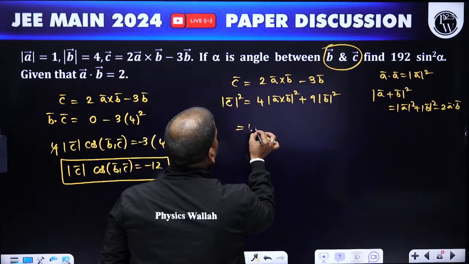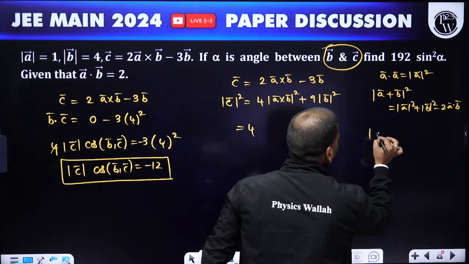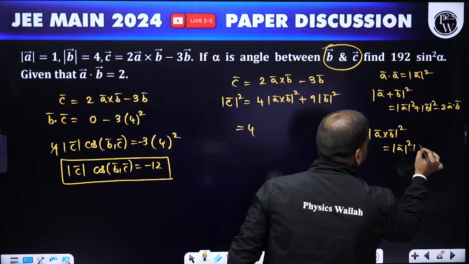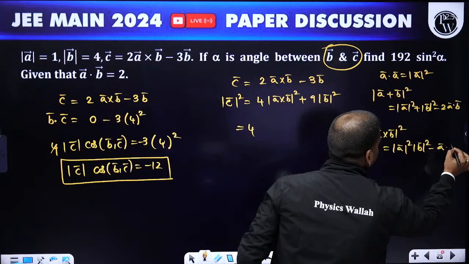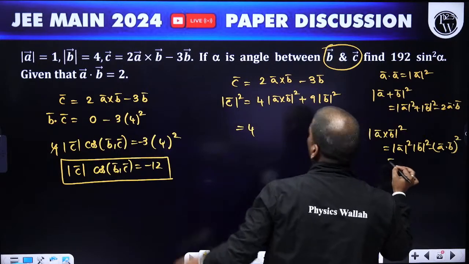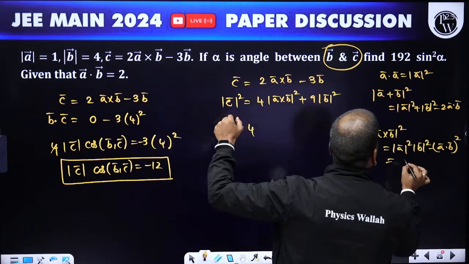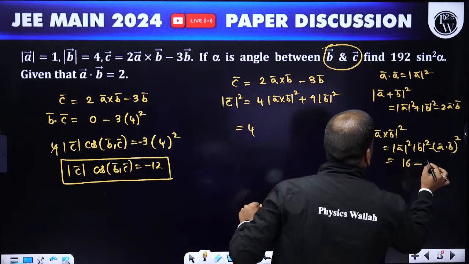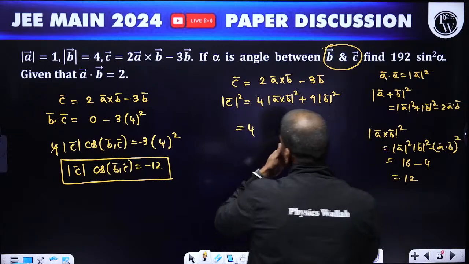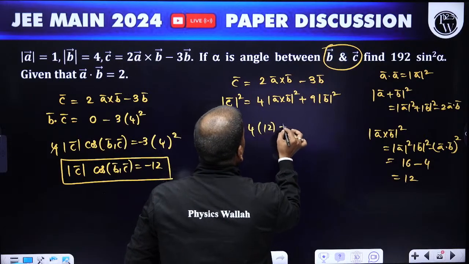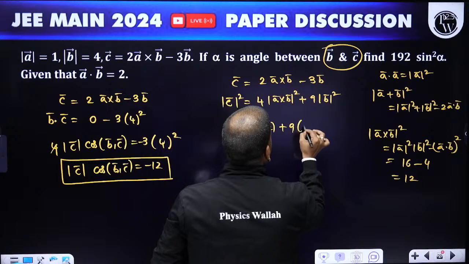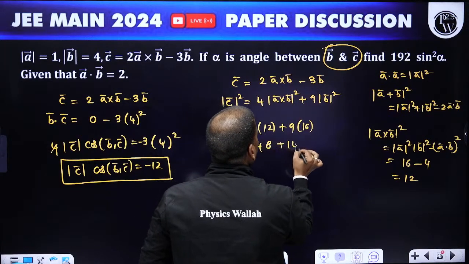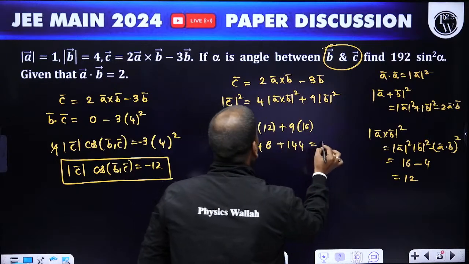Now 4 times, can I find this? Yes, we have a formula. A cross B whole square is, many times we use this, A square B square minus A dot B whole square. What is A square? 1, B square 4, so B is 4, so B square 16, minus A dot B 2, 4, which is equal to 12. So 4 times 12 this is, plus 9 times 16. Which is nothing but 48, and this is 144, 180, 192.